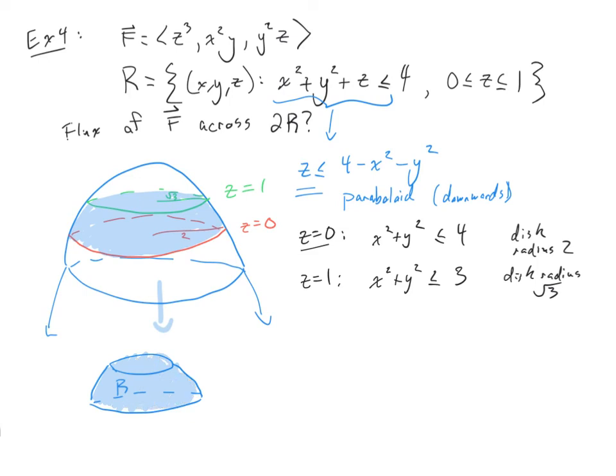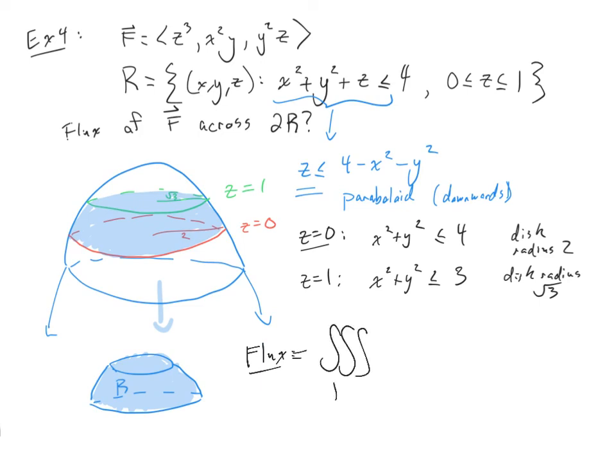I always forget what these are called. I think it's a truncated paraboloid or frustum. I don't know. Doesn't matter. It's this region R. So this looks truly bad to try to parameterize, so I'm just going to skip to using the divergence theorem.